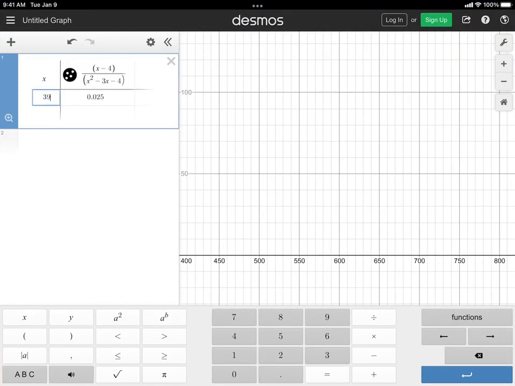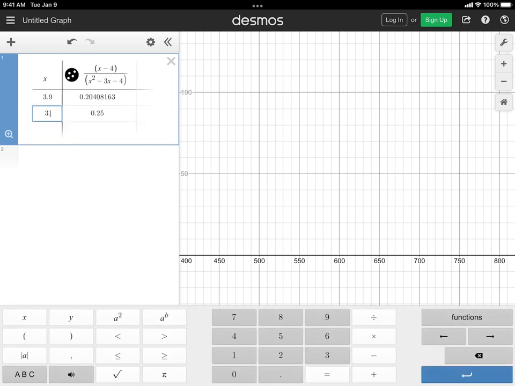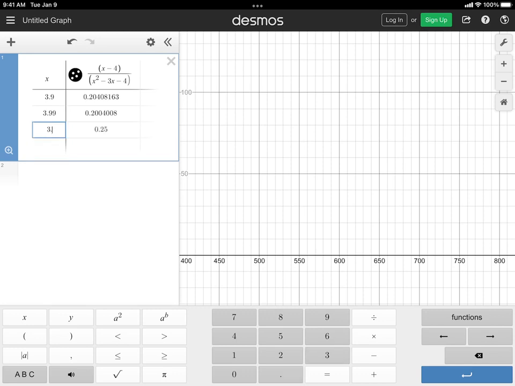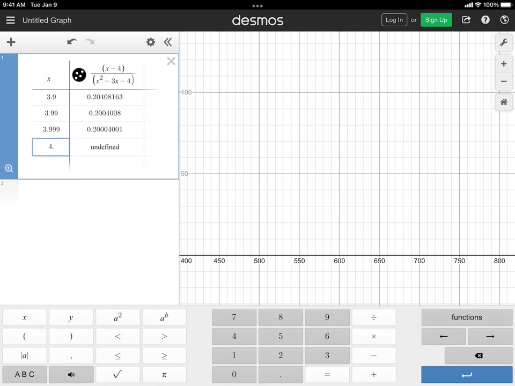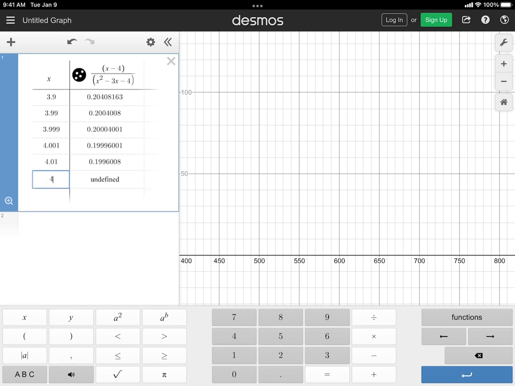So we have 3.9, 3.99, 3.999, 4.001. You see the outputs coming on the right side. 4.01 and 4.1.